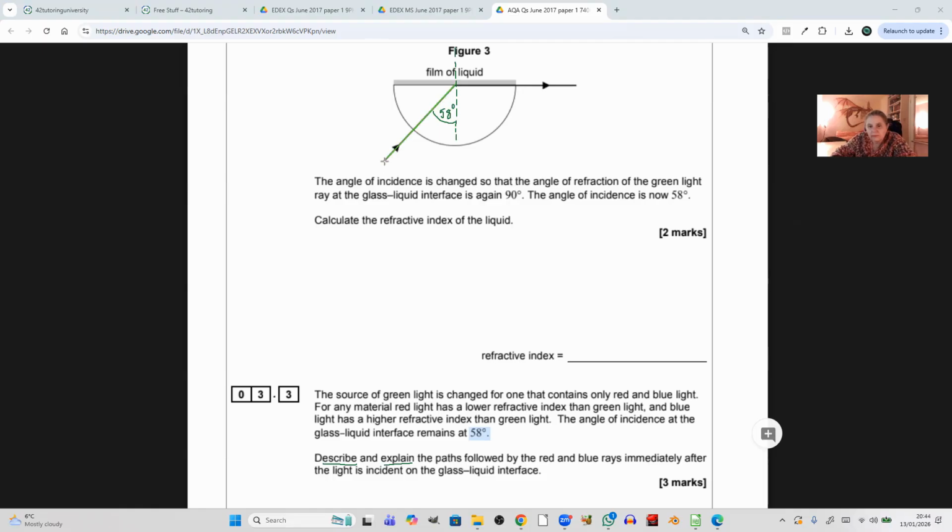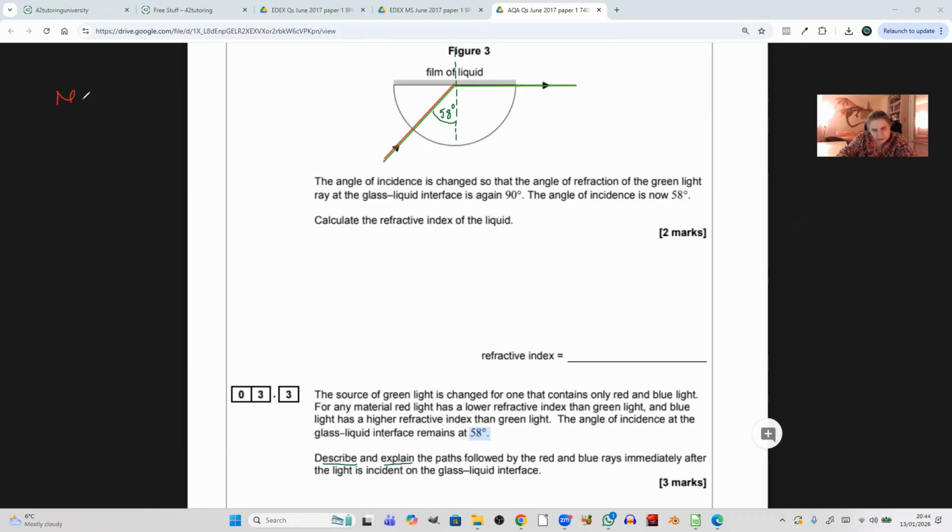So there it is in green. But what they've said is they're replacing it with a red ray and a blue one.